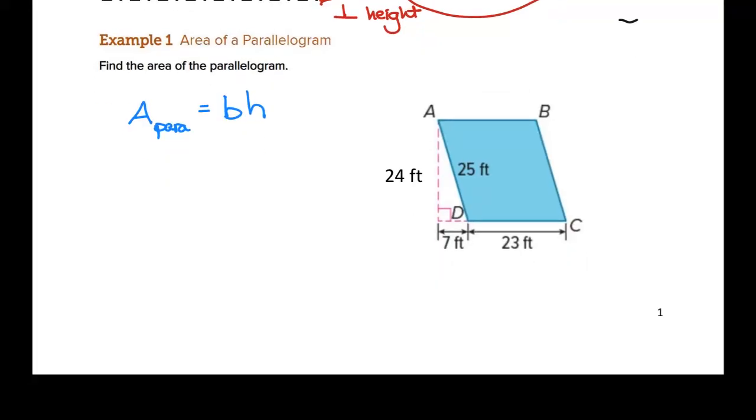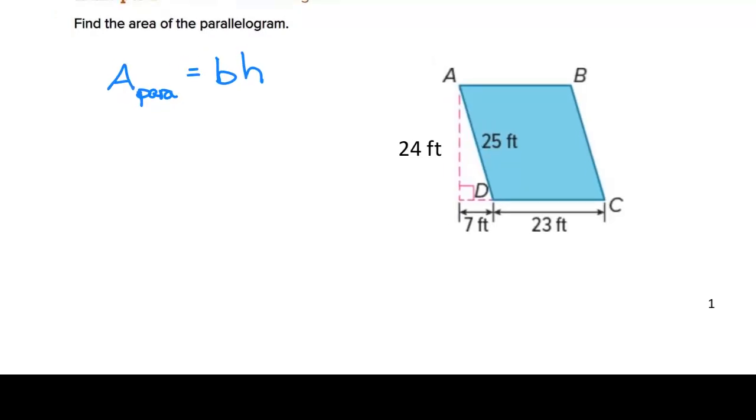All right, so we are looking for the base. The base. So as you look at this picture, it's kind of a confusing picture, your base here is going to be this from C to D.